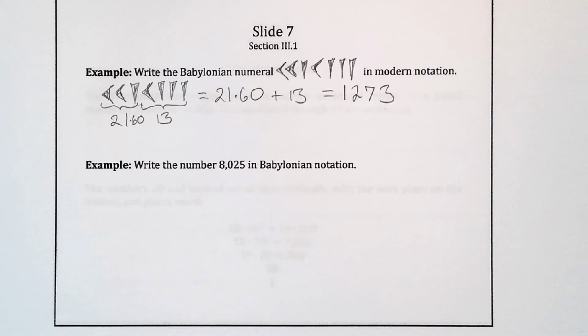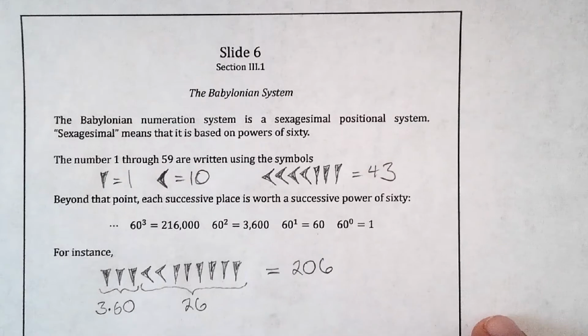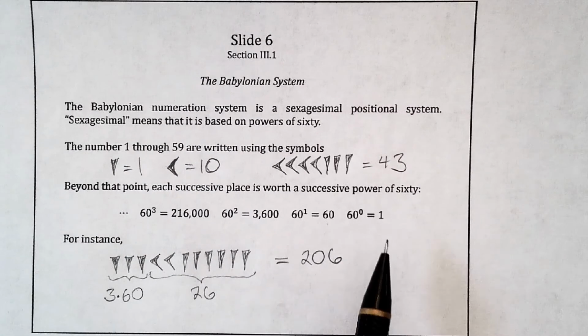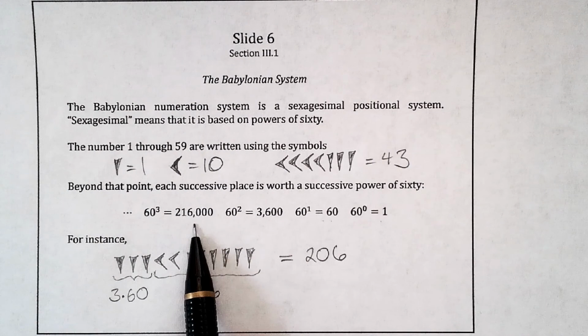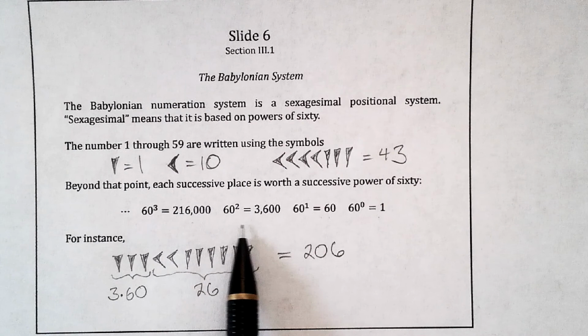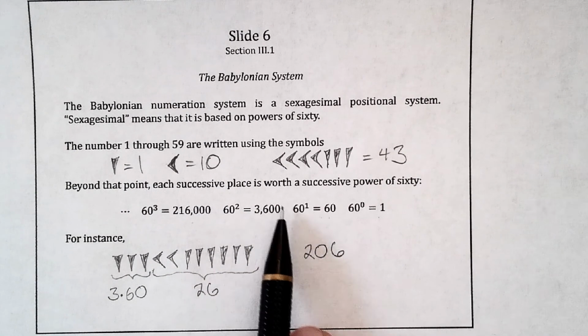8,025 in Babylonian notation. So to do this, let's remember what the places are worth. Okay, remember we had a ones place, 60s place, 3,600, and so on. Typically you're going to start with the largest place that will go into your number.